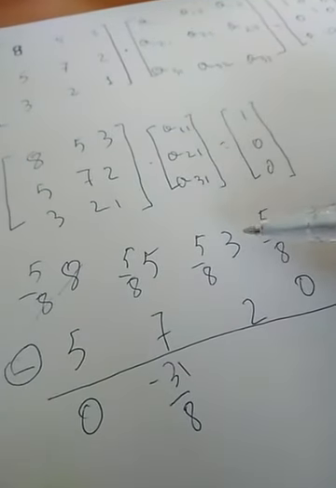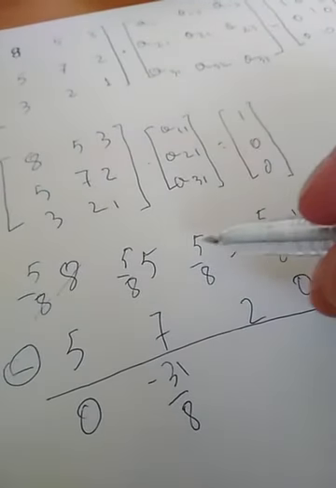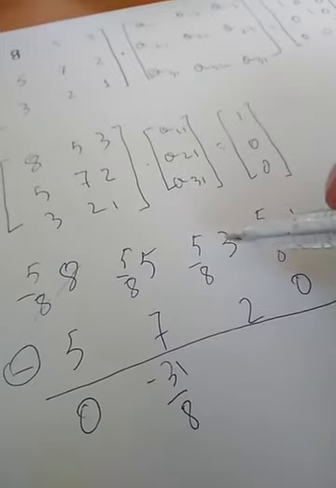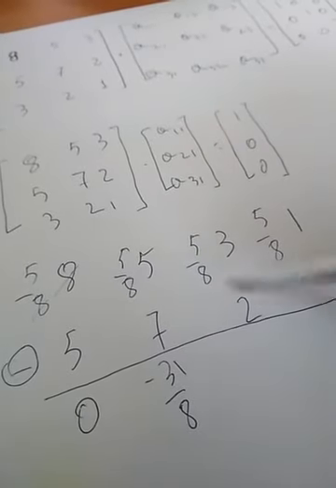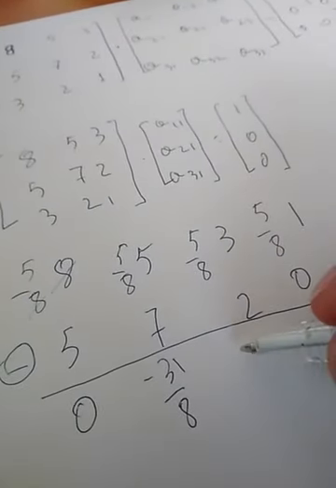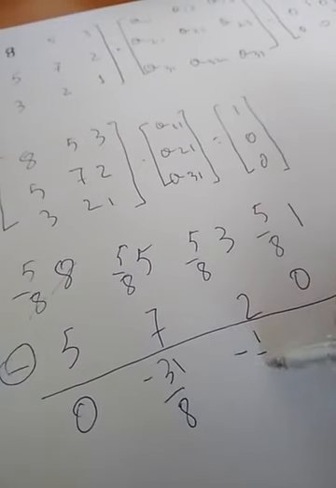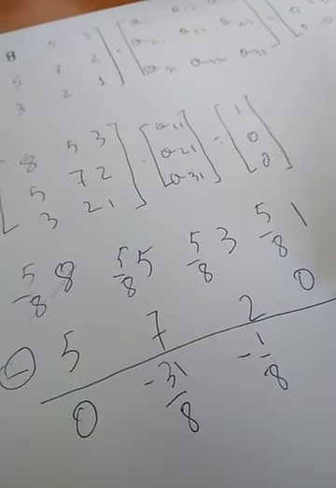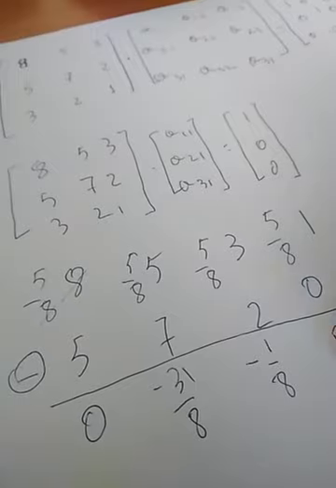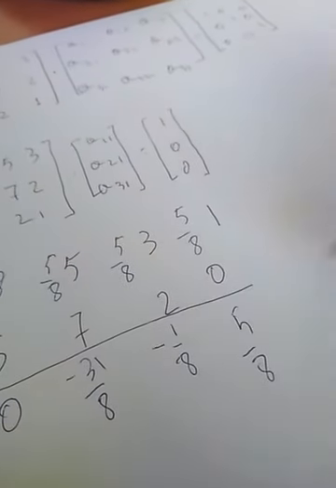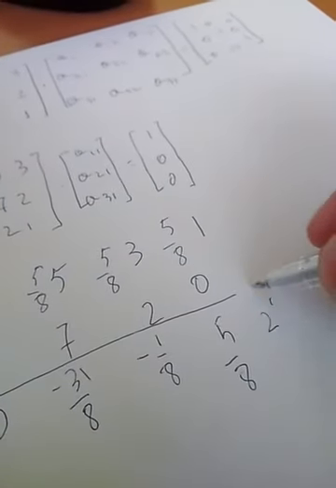Okay, 3 times 5 is 15, 2 times 8 is 16, so this will give you minus 1 over 8, and here this is 0, so I have 5 over 8. So we call this equation 2 prime.